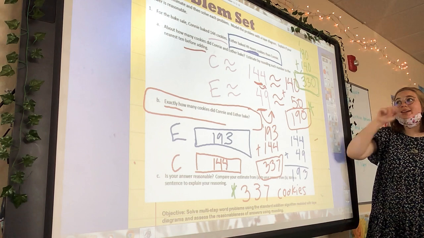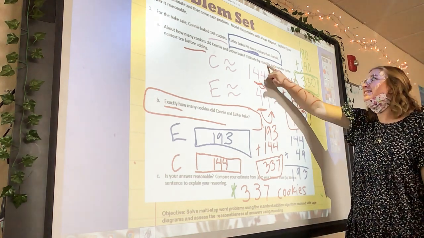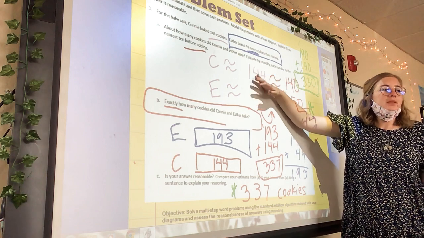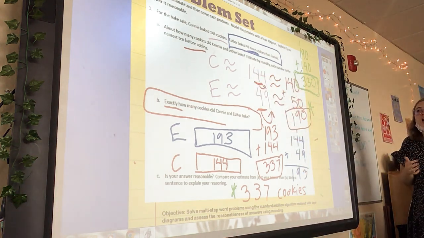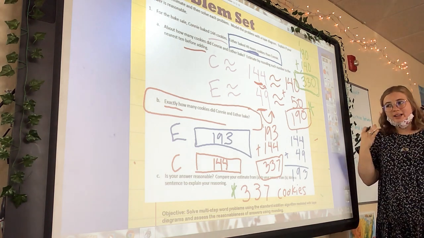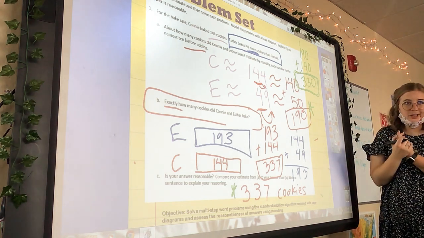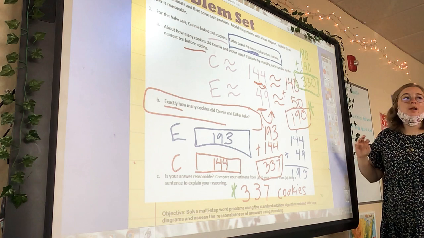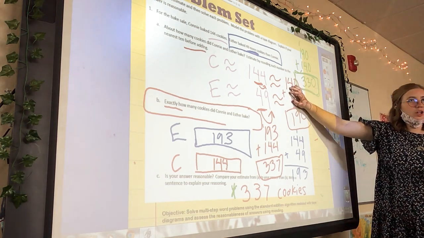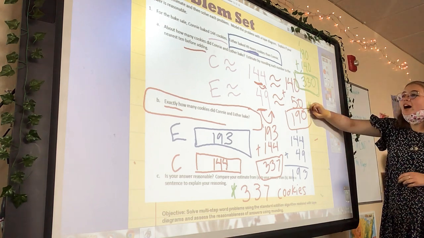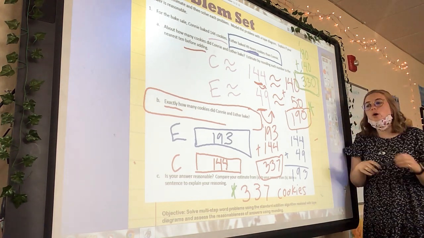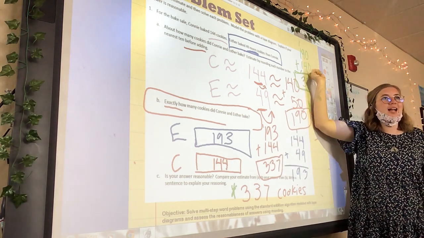Because I had you do exactly what it said, which was estimate by rounding each number to the nearest 10 before adding, right? So it doesn't say specifically adding them together, like, to find the total number of cookies, right? So I'm glad they brought that up at the end, because in reality what this question wanted you to do was find, also after you estimate, find almost the exact answer but using the estimated numbers.